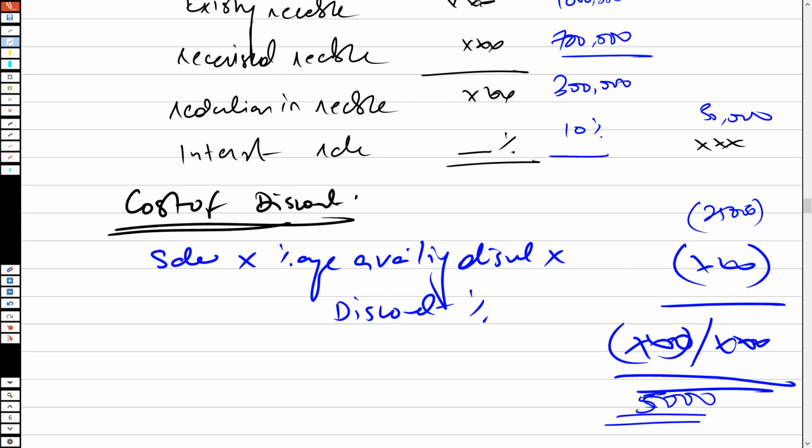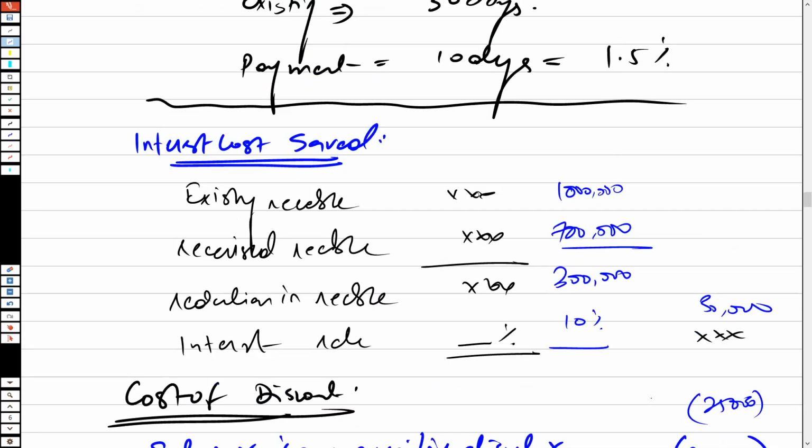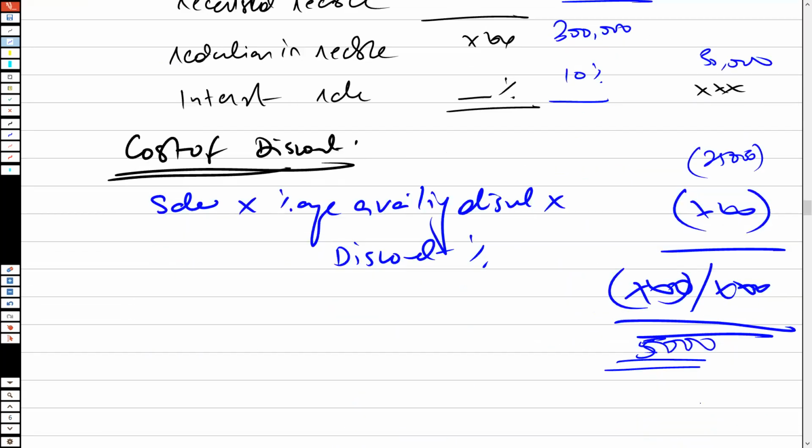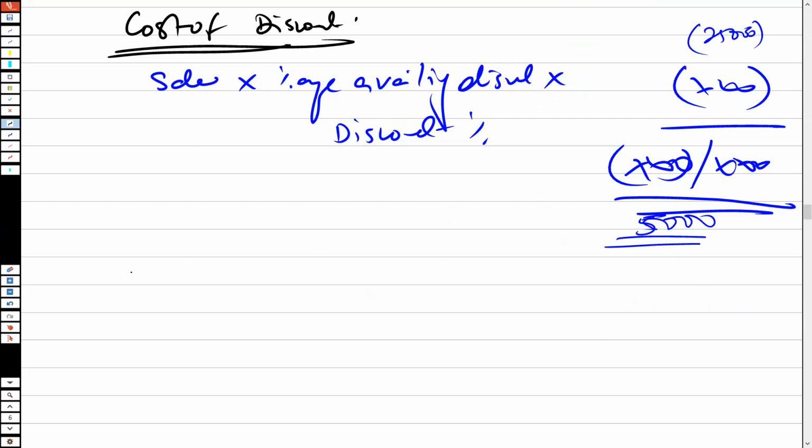Now, there is this third aspect with respect to receivable management, and that is the concept of factoring.